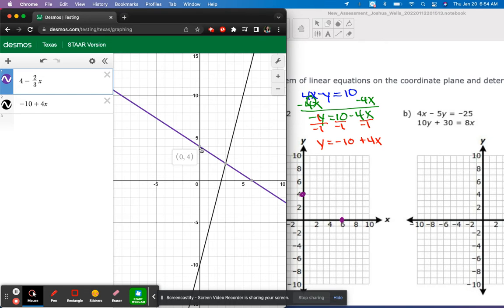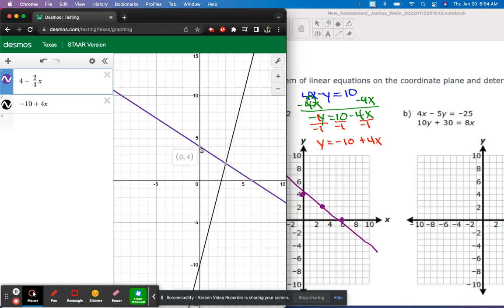It is through 3, 2. And then I'm just going to connect those dots to create the line. Close enough.